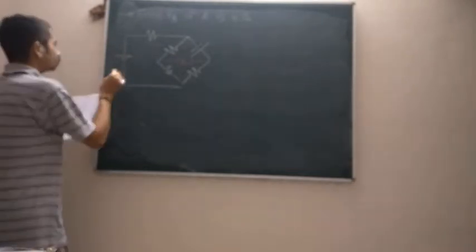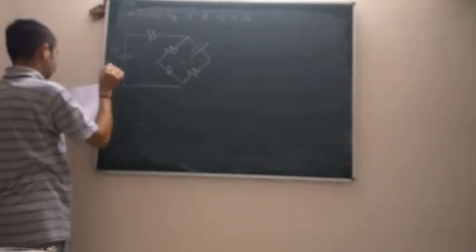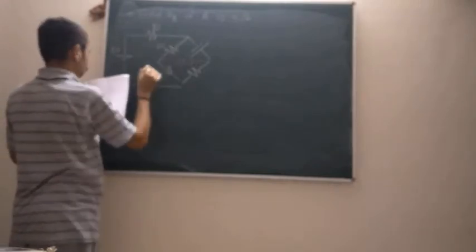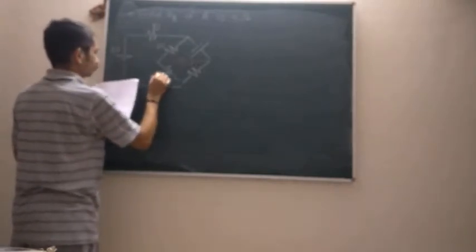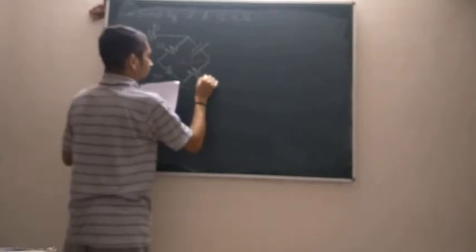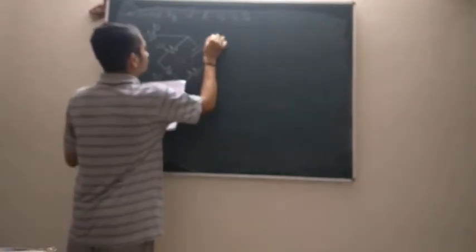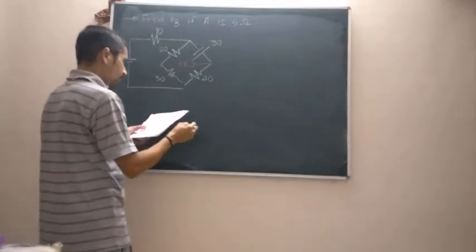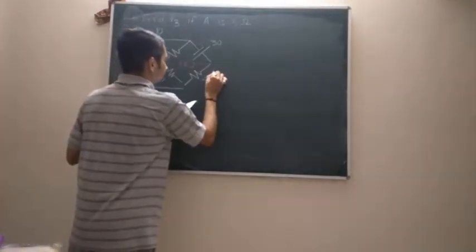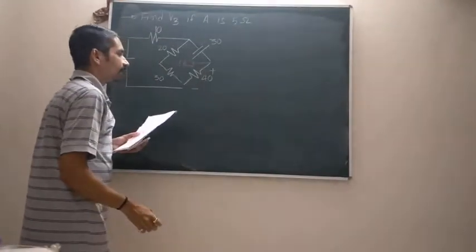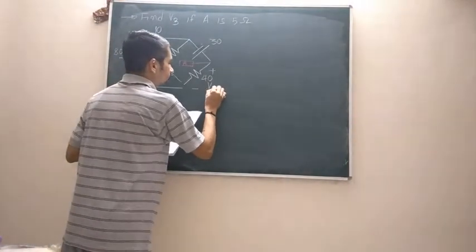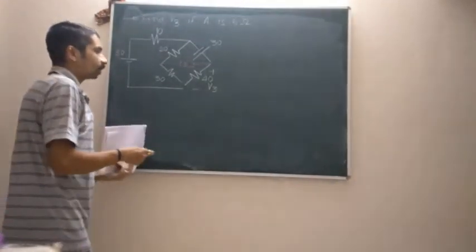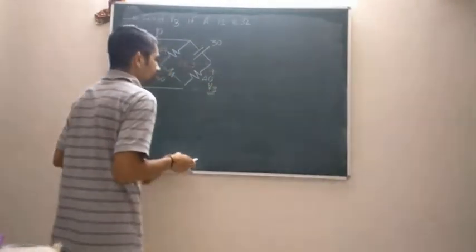Okay, so the values of the parameters of the elements are, this is 80 volt, and the voltage across this 4 ohm resistor, with positive at the top and negative at the bottom, is denoted by the symbol V3. So our main aim is to find out this particular magnitude.